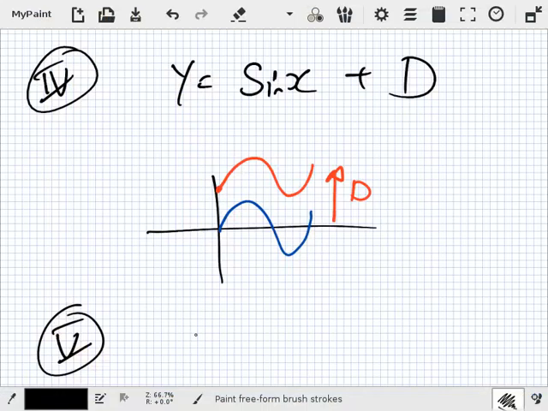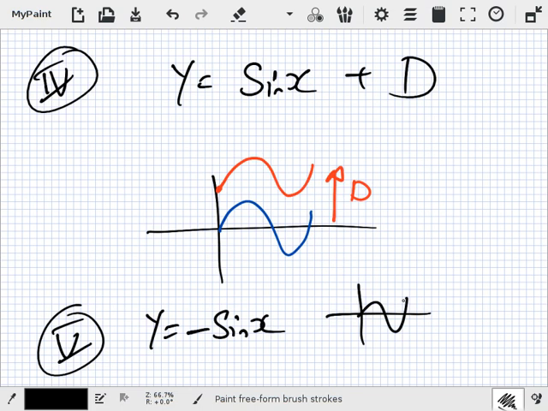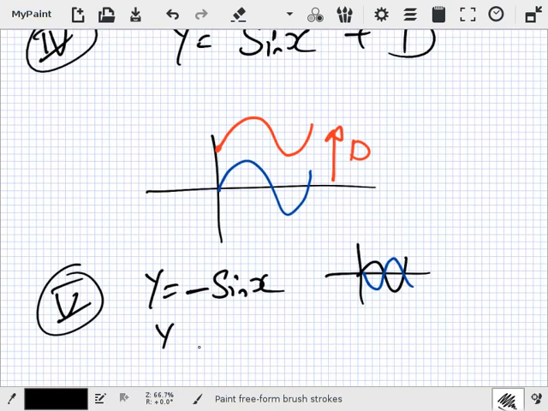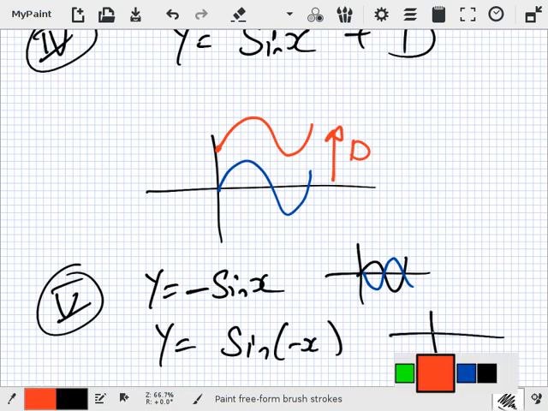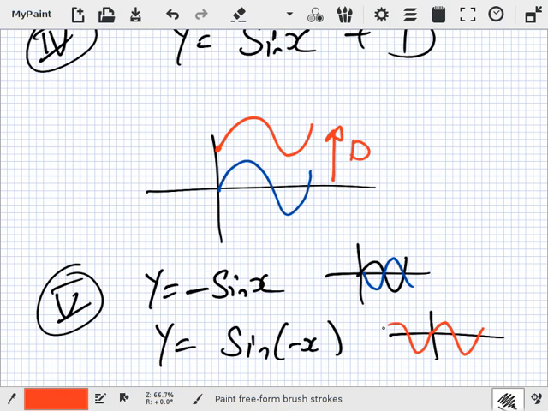The last thing is minuses. So if you have a minus sine x, the effect is to take the graph and flip it upside down. And what about if you had a minus on the x? Does anyone know what happens here? Flips that way around, yeah.